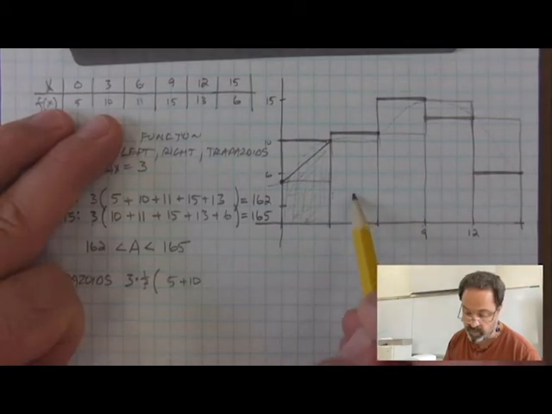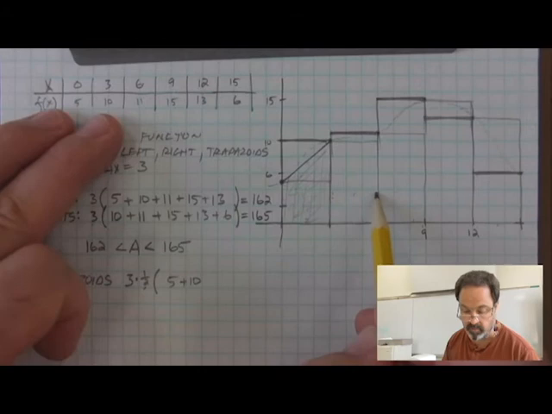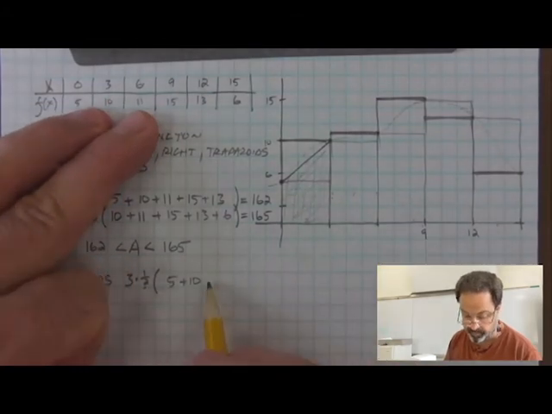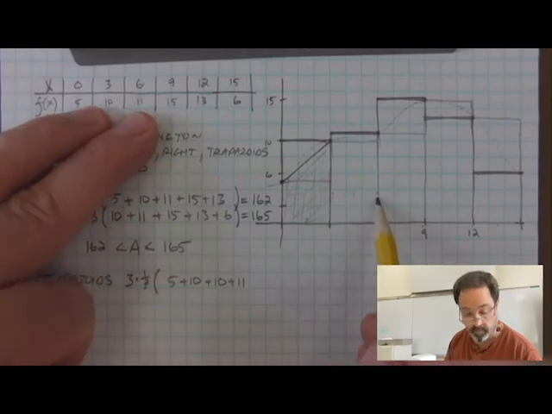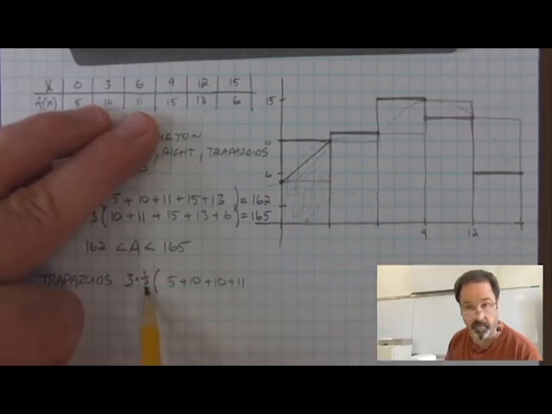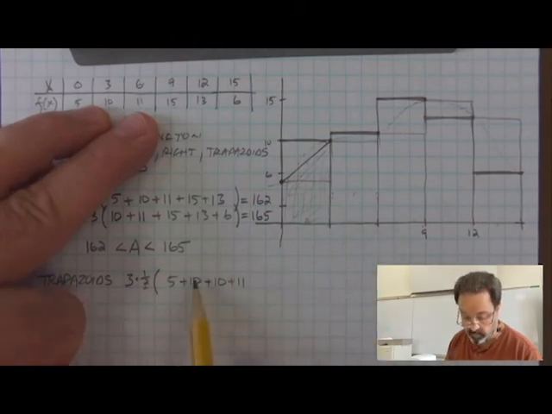So this next trapezoid, its area is the sum of its bases, which is 10 and 11, divided by 2, which is why we have the multiplication by 1/2 here, and then times its height of 3, which we also already have ready to go.